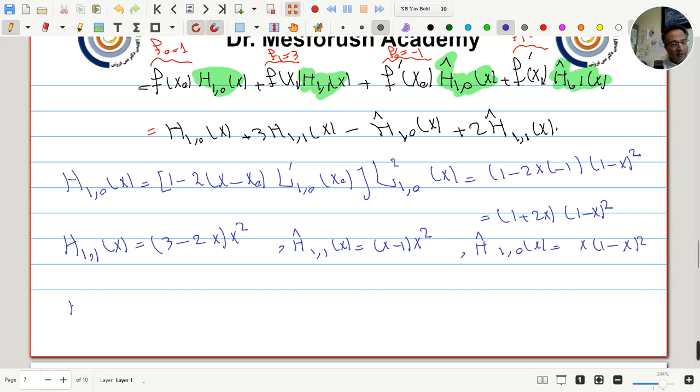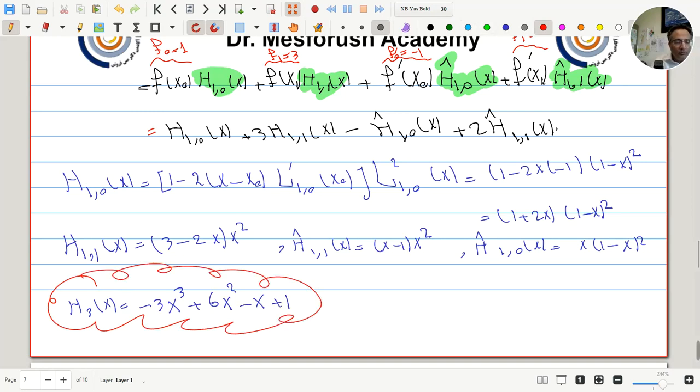Okay, finally, if you put together all of these terms in this formula, you can get the interpolating polynomial of the form minus 3x cubed plus 6x squared minus x plus 1, and this is the Hermite interpolating polynomial that we were looking for.